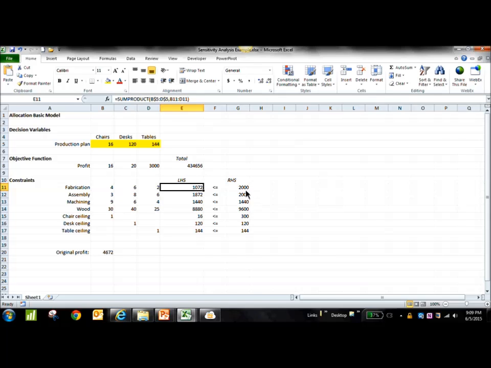So that is the capacity for the fabrication department, and so on and so forth. This is how much wood we have in square footage, and this is the way we write the demand quantities in order to meet our demand requirement or stay below a certain demand requirement, whatever this is.